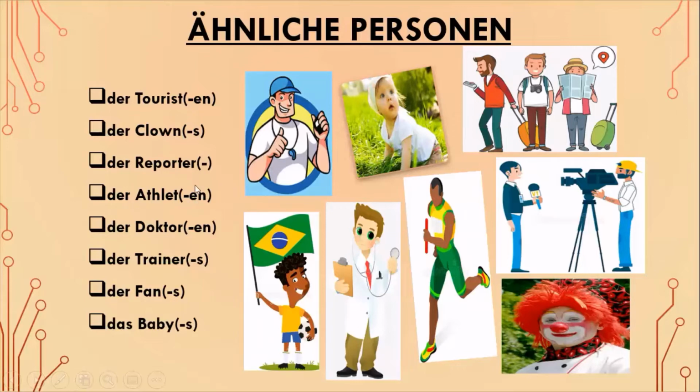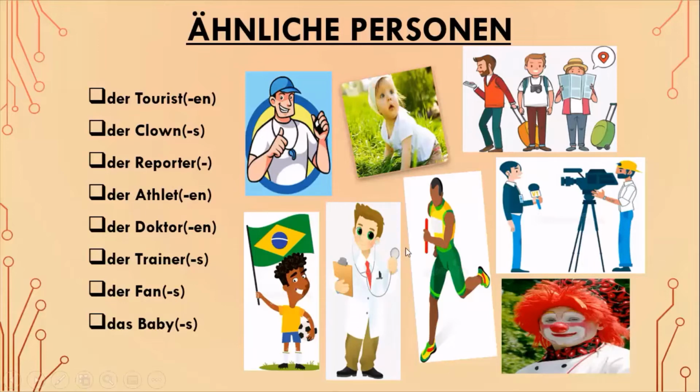So there's an ending of en. And if it's a female athlete, die Athletin. In will come as the ending at the end of this word.